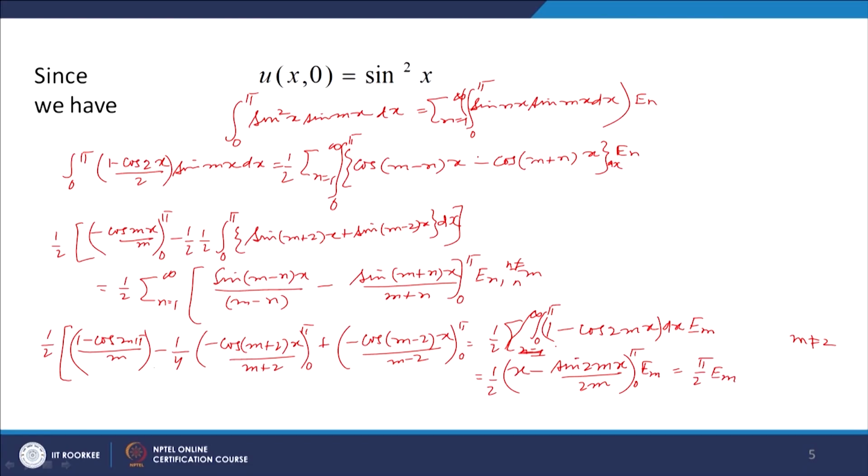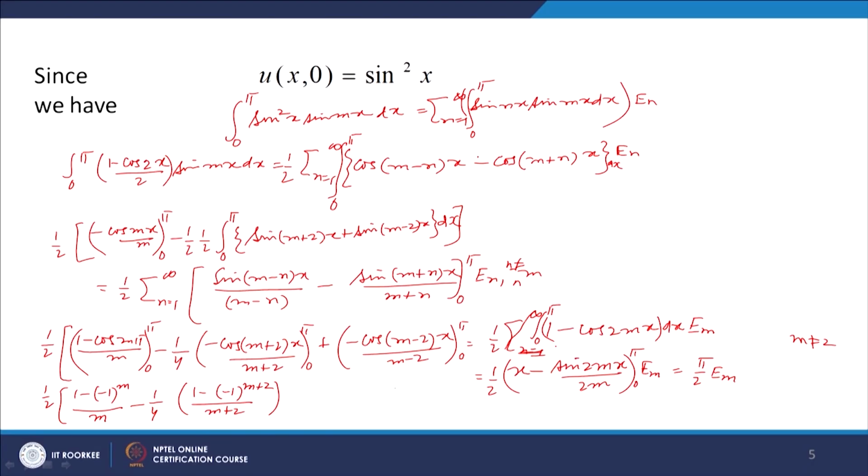And what will happen here? We have here 1 by 2 into 1 minus cos m pi. So, 1 minus minus 1 to the power m divided by m, and here we will have minus 1 by 4 into 1 minus minus 1 to the power m plus 2 divided by m plus 2.